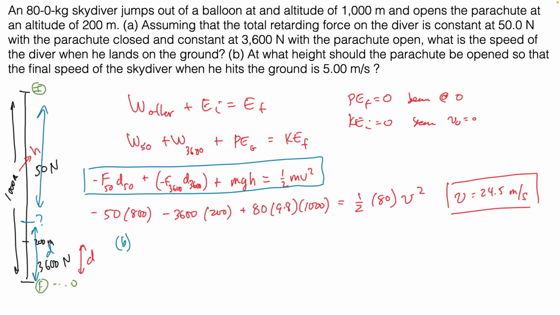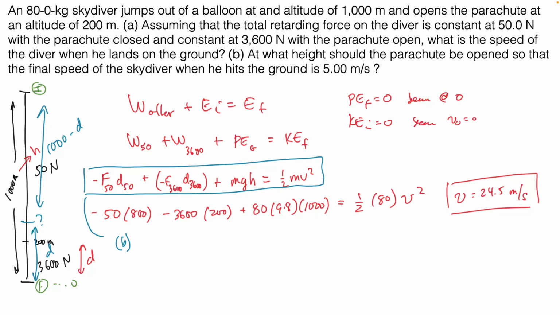It's 1,000 minus d. If they had to open at 400 meters, let's say, then how far did they fall before the 400 meters? 600 meters, right? So whatever d is, this distance is going to be 1,000 minus d.